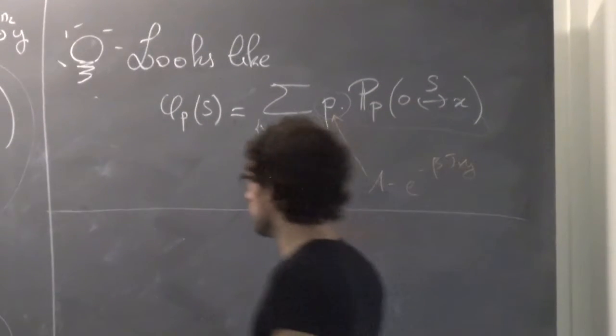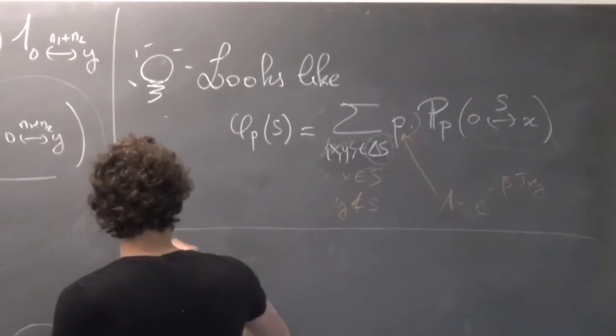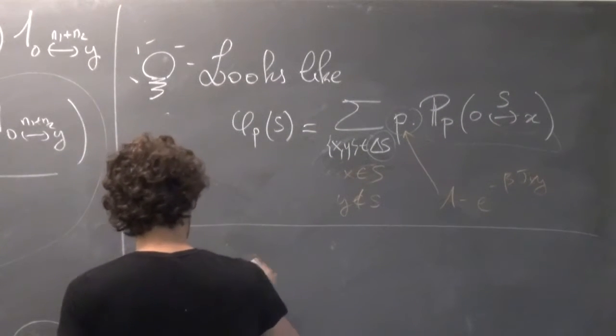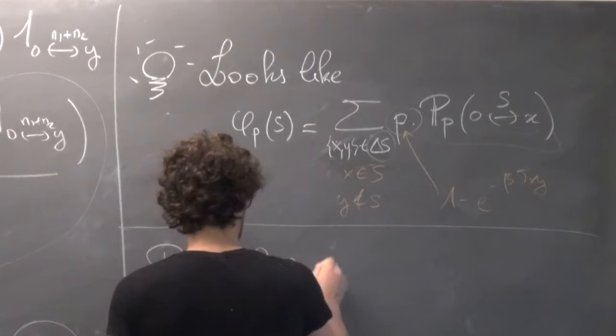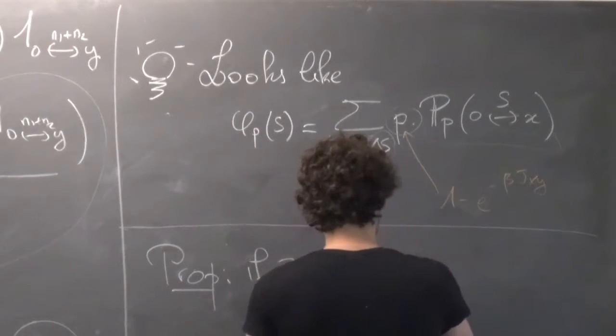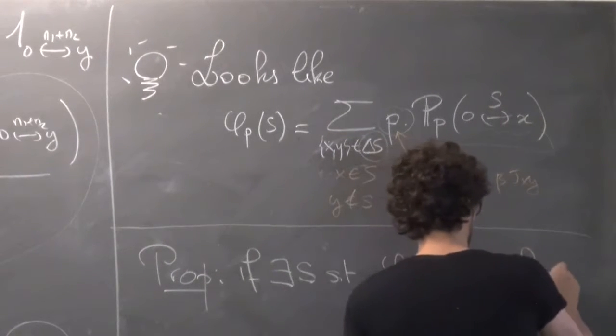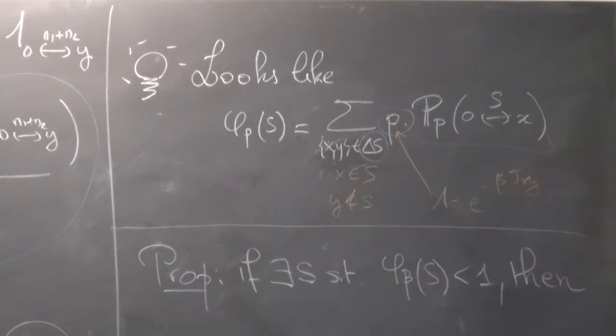Okay, and therefore, what is not surprising, corollary or proposition: if there exists a set S such that phi beta of S is smaller than 1, then what do you want to say? Well, you want to say there is exponential decay.